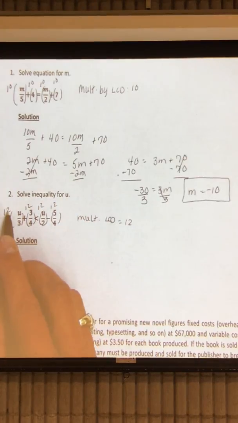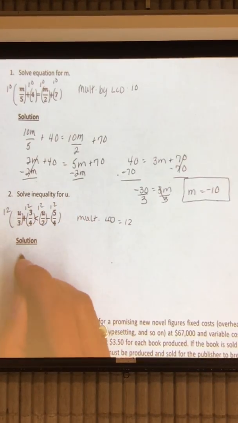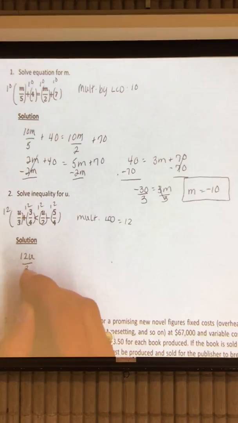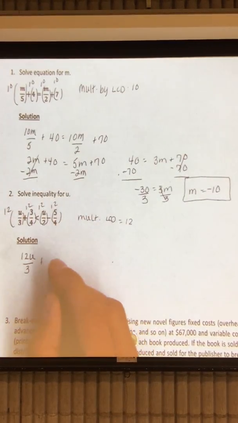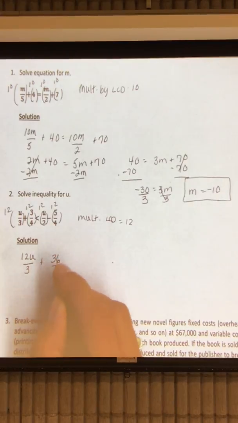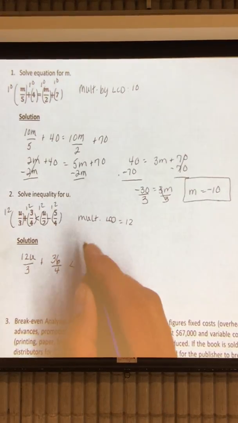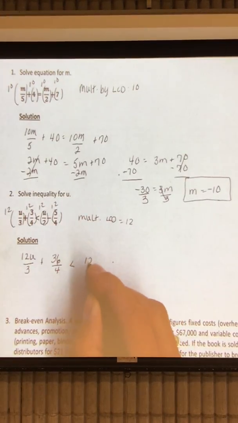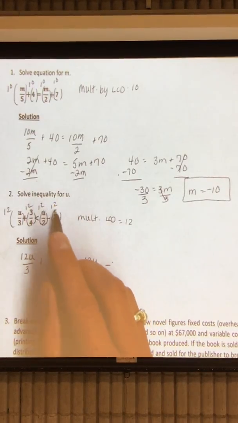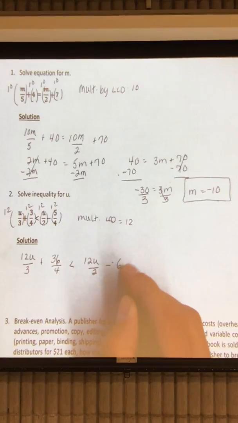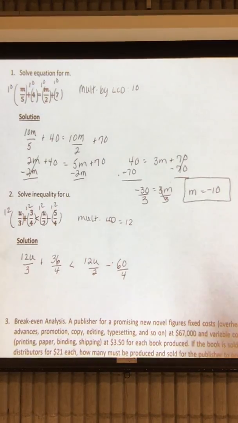And when we do that, we have 12u divided by 3 plus 12 times 3 is 36 divided by 4 is less than 12u divided by 2 minus 12 times 5 is 60 divided by 4.